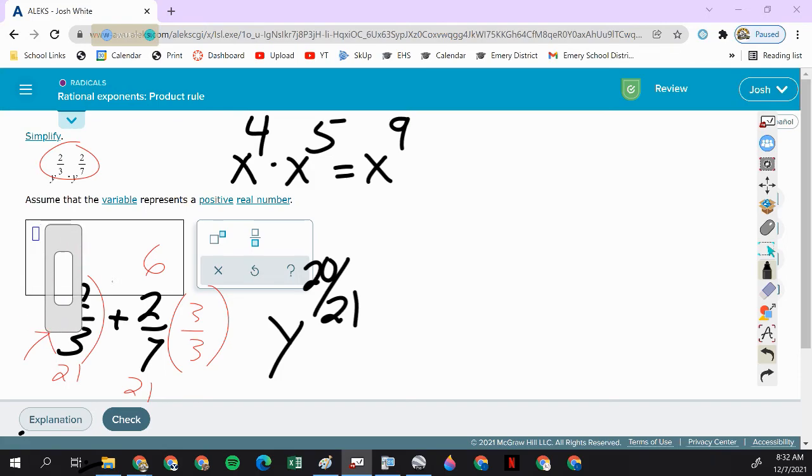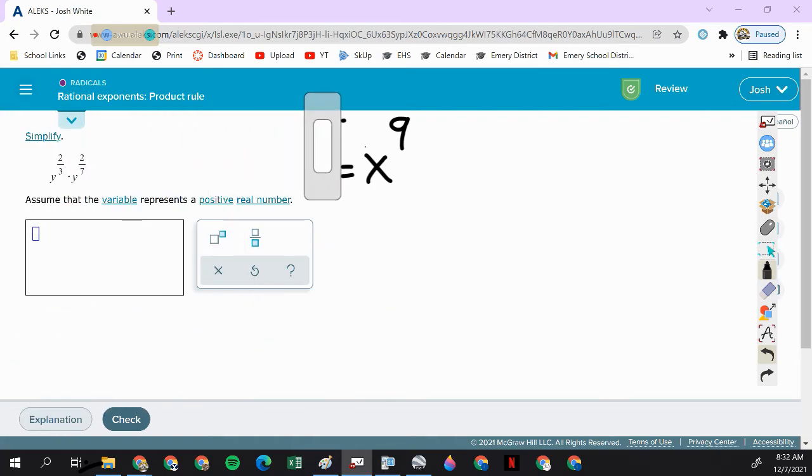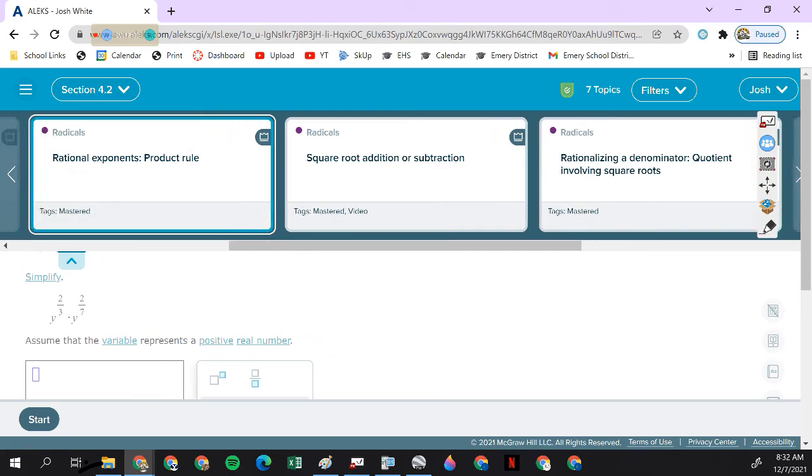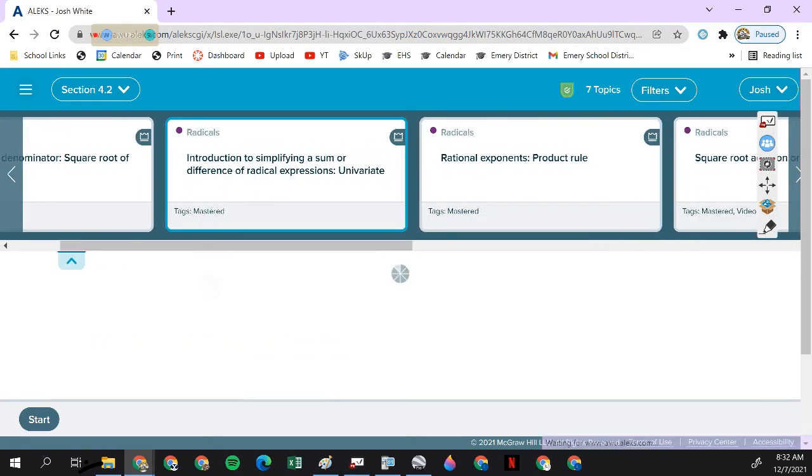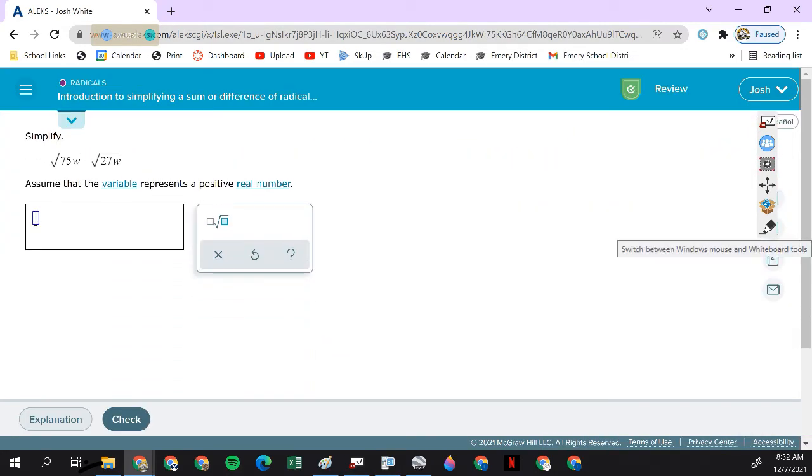Okay? Same idea here. 75 is 3 times 5 times 5w, and 27 is 3 times 3 times 3w.